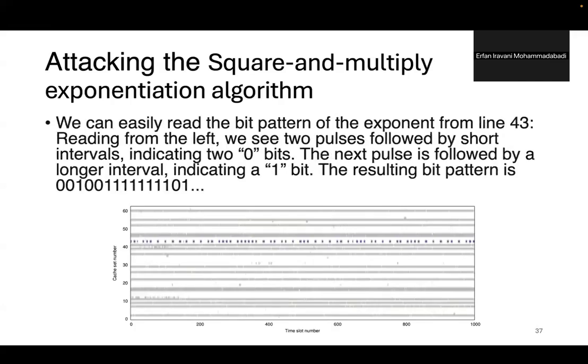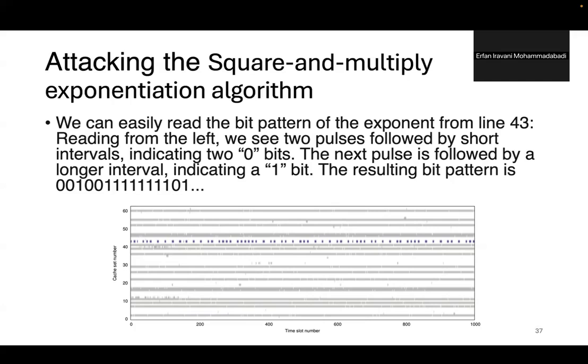So this figure shows the traces of several cache sets. Each line shows a trace of a single cache set over 1,000 time slots. The shaded areas indicate time slots in which activity was detected in the traced cache set. As the figure demonstrates, some cache sets are accessed almost continuously, some are never accessed, and others are accessed sporadically.